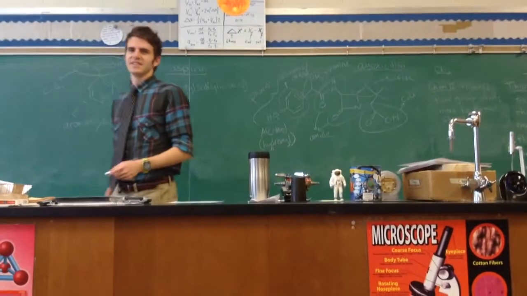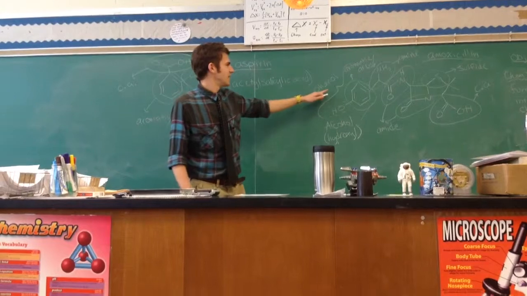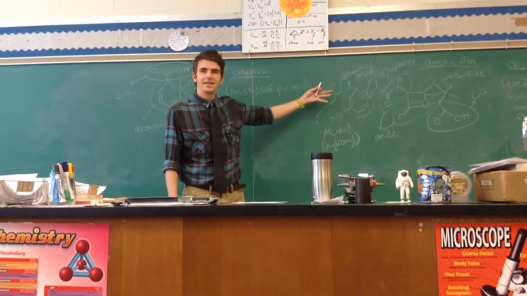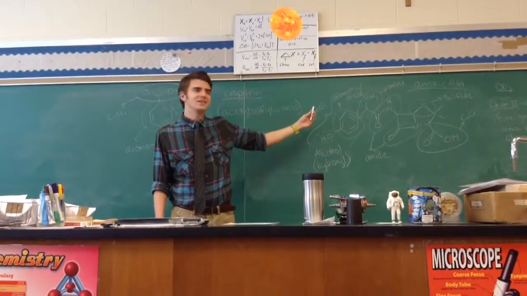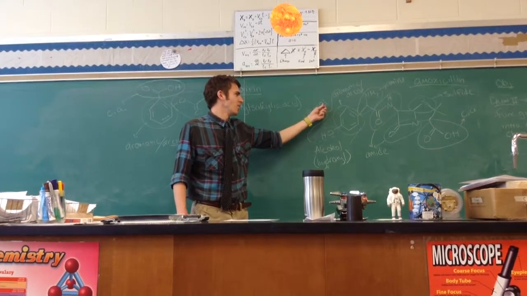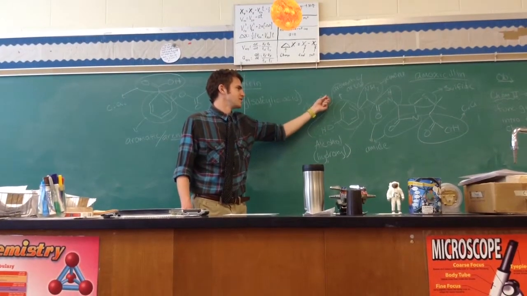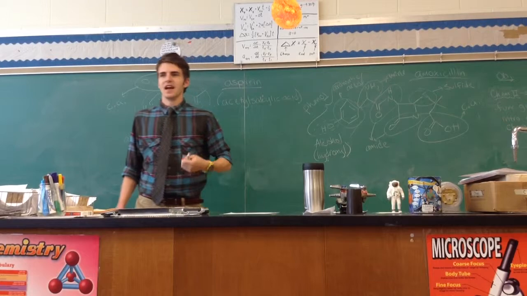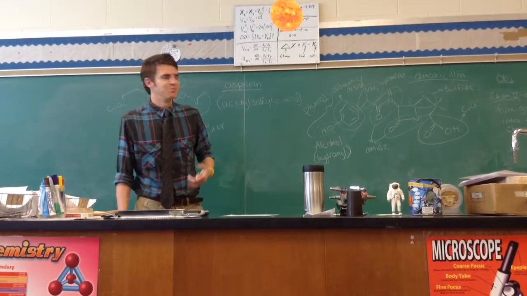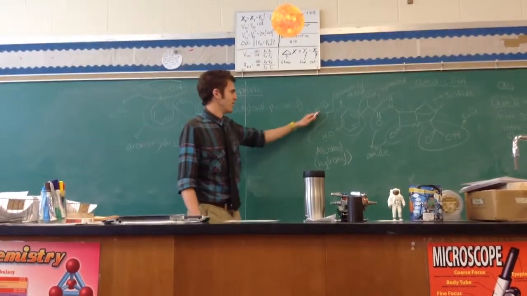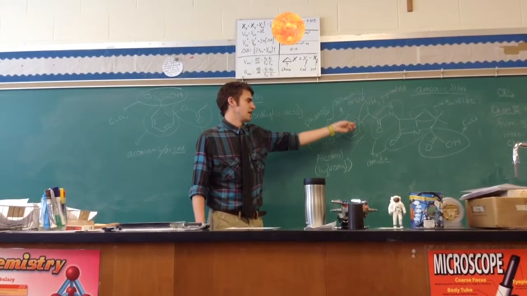And remember, in our naming pattern, whenever we end in OL, we're talking about some type of alcohol, like ethanol, methanol, pentanol. But with phenol, the phen part is referring to the aromatic.